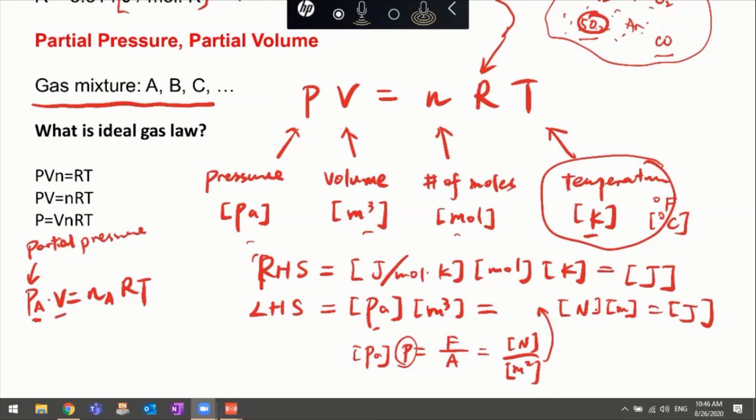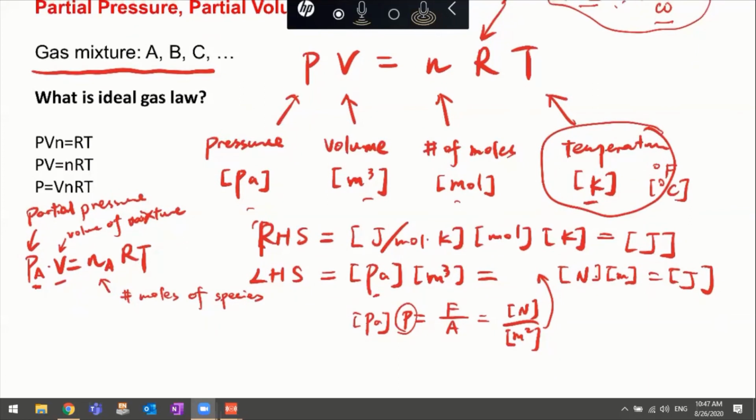And again, V is the volume for the entire mixture. n_A here is the number of moles of this species. So this is the partial ideal gas law for a single species.